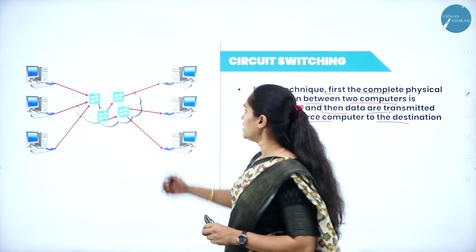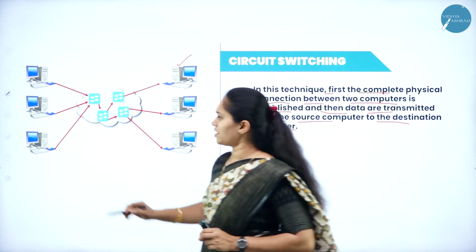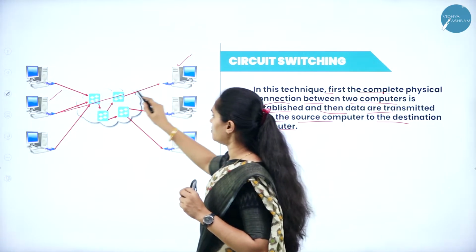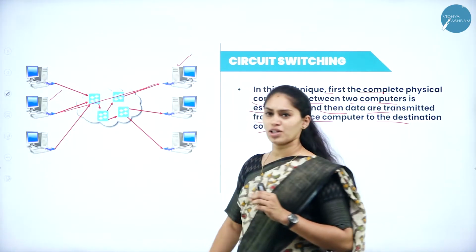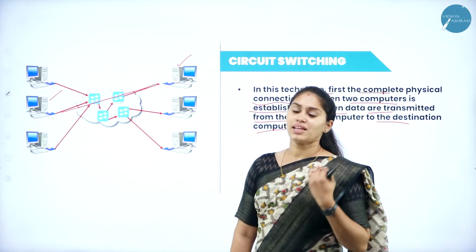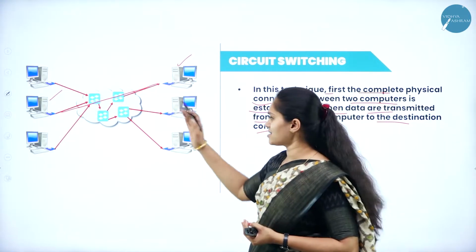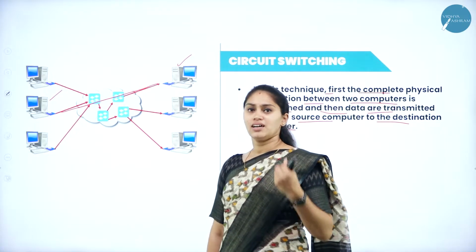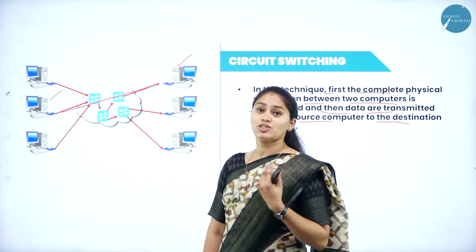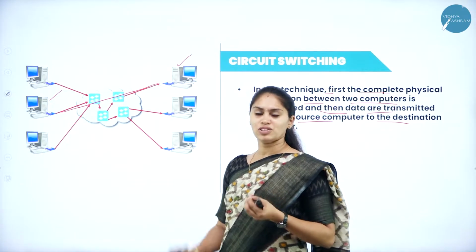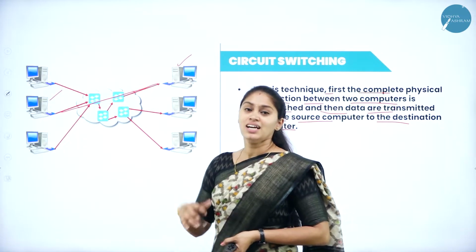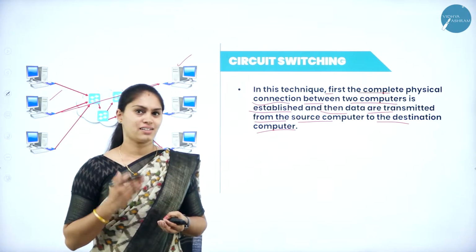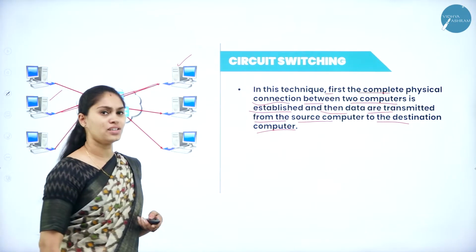If you consider this as a receiver and this as a source, only a dedicated channel between the source and receiver will be established. There is more reliability in this kind of switching, and though it is expensive, the most important thing is that there is no loss of data. Why? Because with a dedicated channel, there are fewer chances of losing confidential data. That is circuit switching.